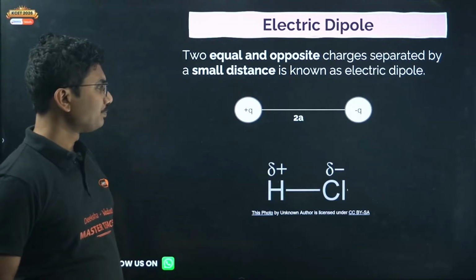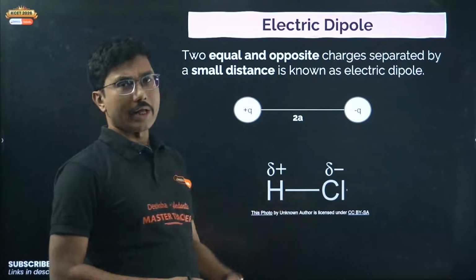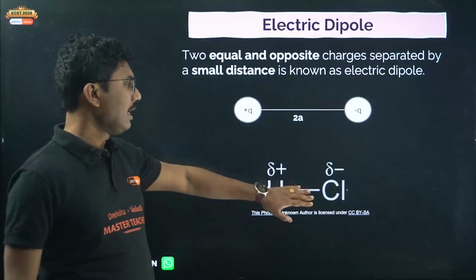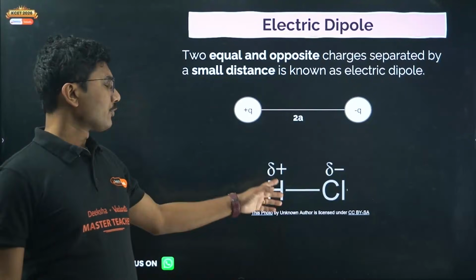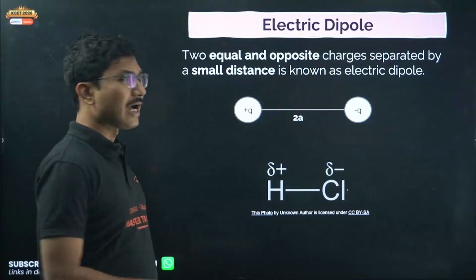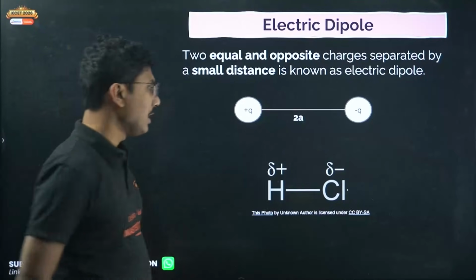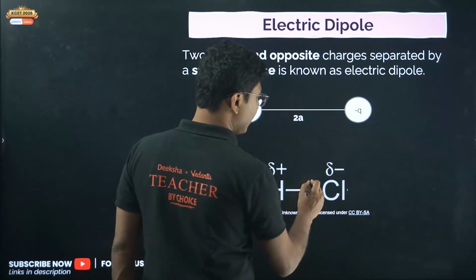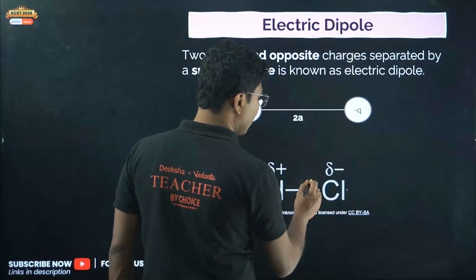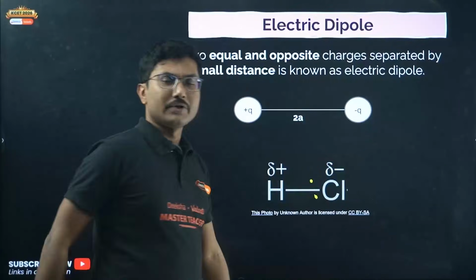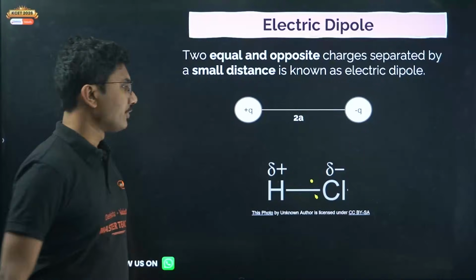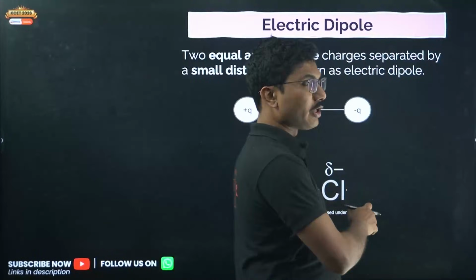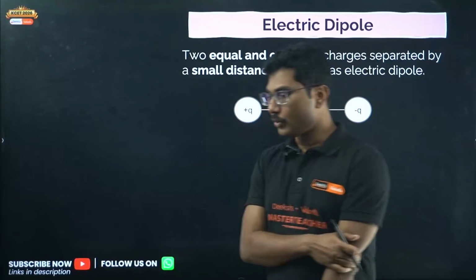For example, hydrogen chloride. Okay, hydrogen chloride is a molecule. So what happens is that because of the higher electron affinity of chlorine, the electron pair which is being shared, one by hydrogen, one by chlorine, shift towards the chlorine, right? So the bond electron pair actually shifts towards the chlorine.